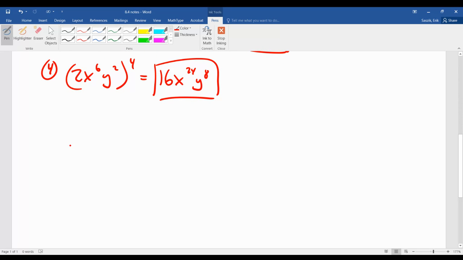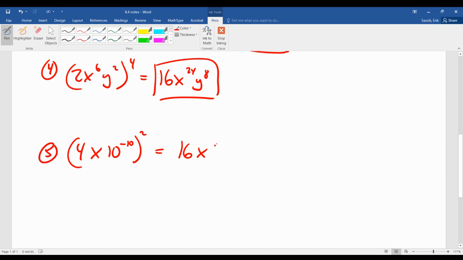Okay, with scientific notation, watch this. So let's have 4 times 10 to the negative 10, and this will be squared. So again, plain number, 4 squared is 16.